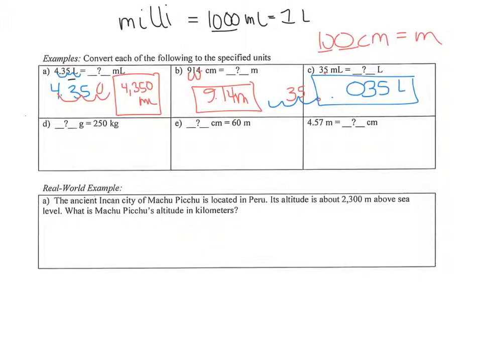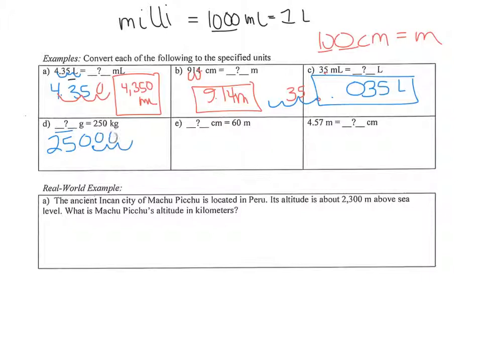And then 250 kilograms, that is very heavy. So I want to make this number even bigger because there's 1,000 grams in a kilogram. 1,000 has 3 zeros. So if my decimal's right here, I'm going to move it over 3 times. 1, 2, 3.